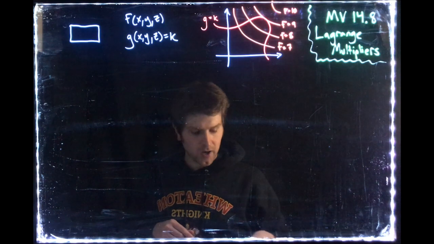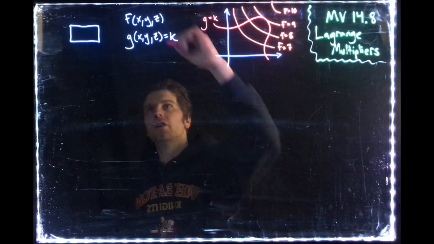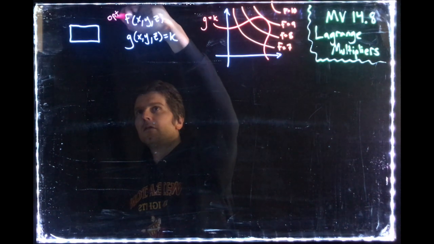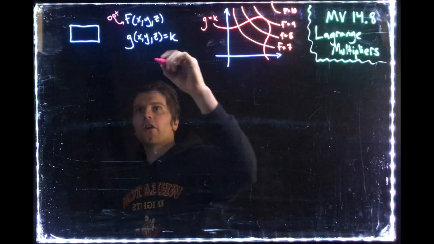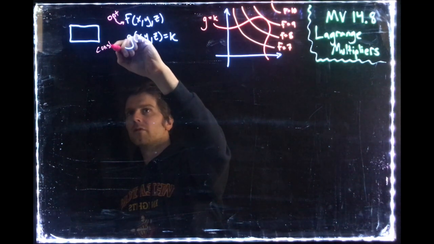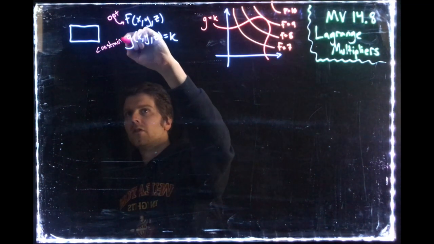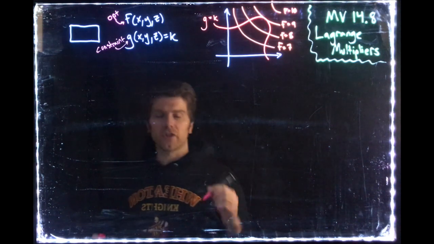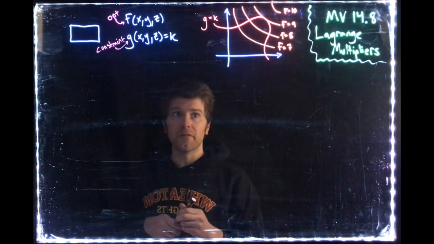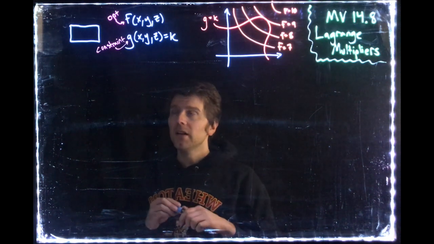So again, we've got our two functions here. We've got the one that we want to optimize, and we've got our constraint, which is also sometimes called a side condition, our constraint g.